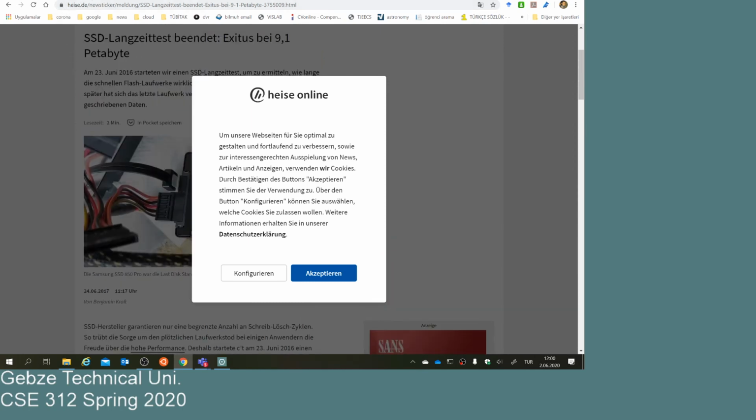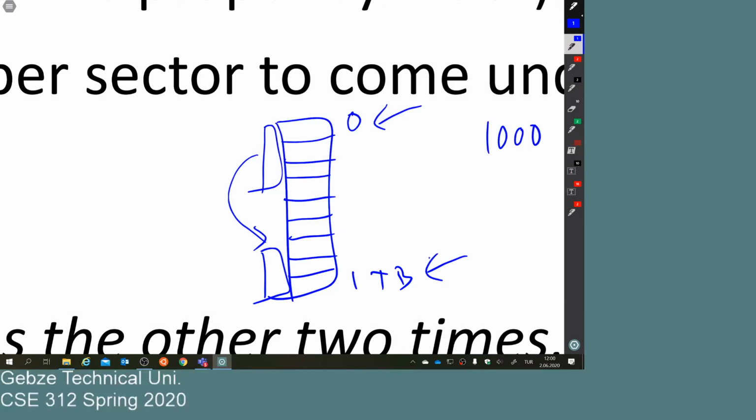Usually the SSD drive manufacturers publish it. Okay, I looked it up. My 120 gig SSD says that it can write 75 terabytes.